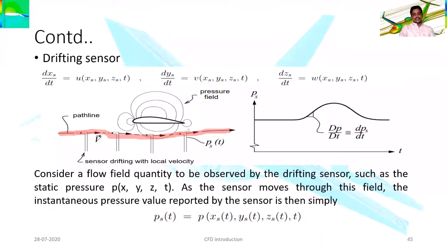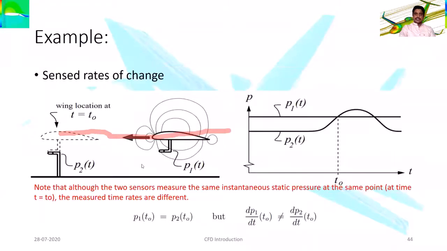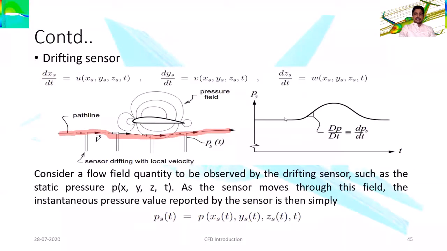So this is a drifting sensor, and my objective is again to measure the pressure varying with respect to time, but here the wing is fixed. When I move my sensor, did we get the same answer as the previous case? Whatever the characteristics resulted with the moving wing, with the drifting sensor the result is represented the same.